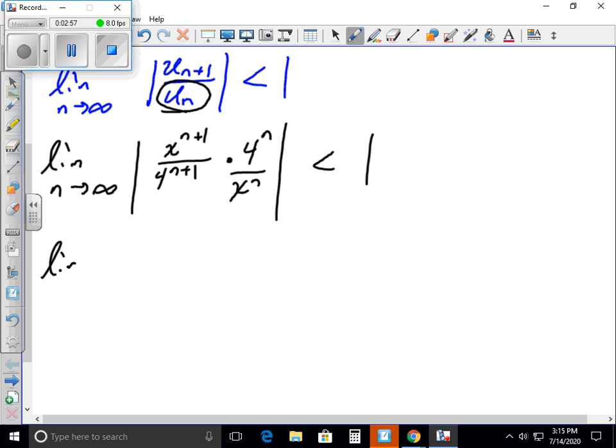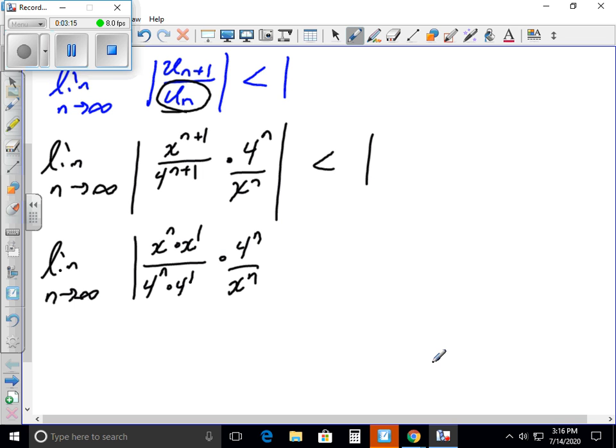So let's rewrite a little bit. When we have an exponent that has adding in it, we can rewrite that as x to the n times x to the first. Same thing on bottom. We can call that 4 to the n times 4 to the first. And then we're going to be able to reduce that. The x to the n and the x to the n cancel. 4 to the n and 4 to the n cancel.